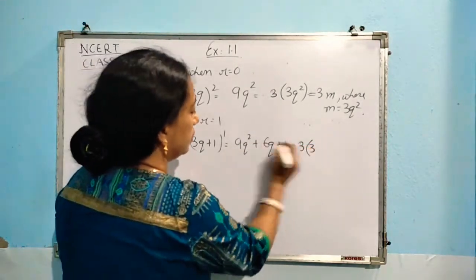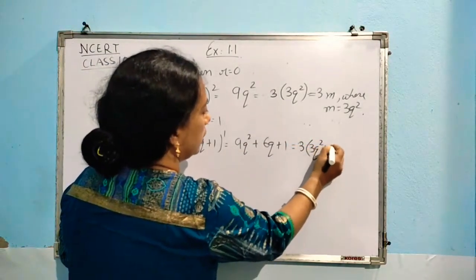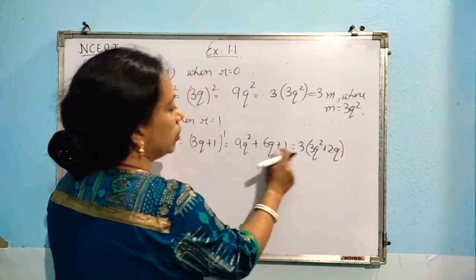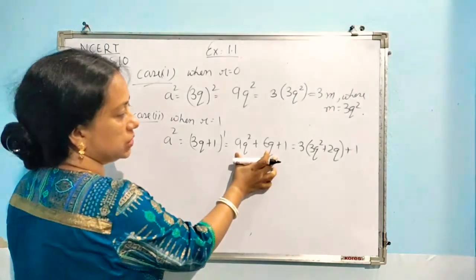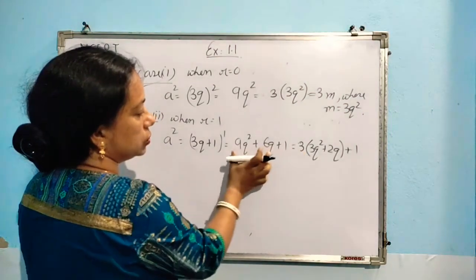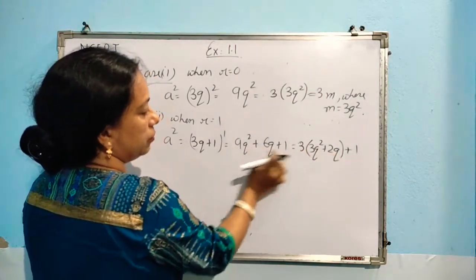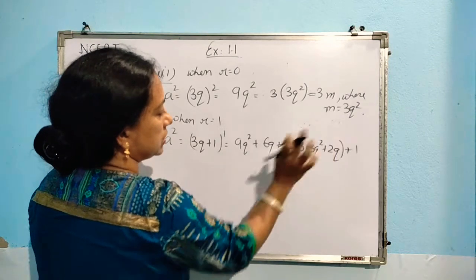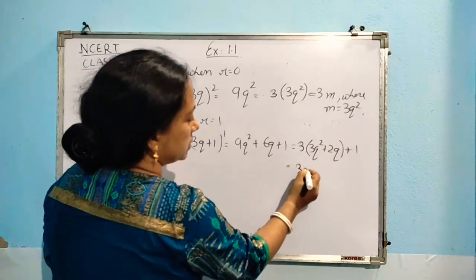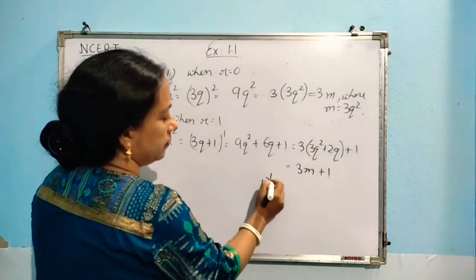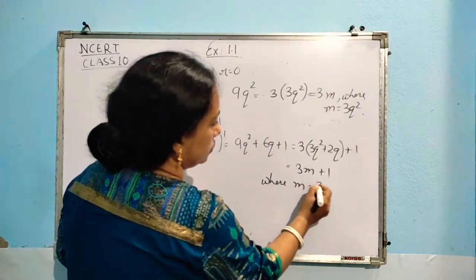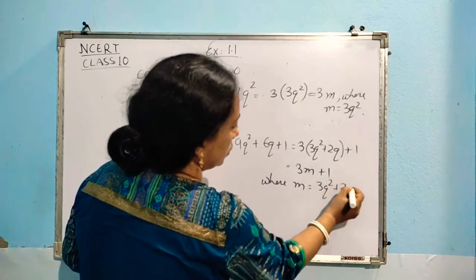So what is left here? 3 threes are 9q square, 3 twos are 6q, and this 1 is left. Inside the bracket we have 3q square plus 2q. Now can I express this as 3m plus 1, where m is equal to 3q square plus 2q.